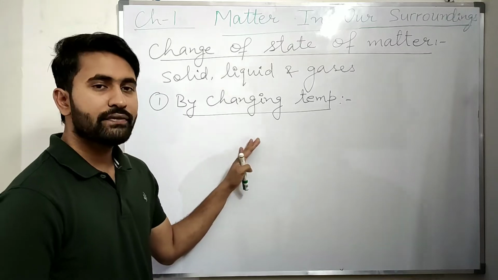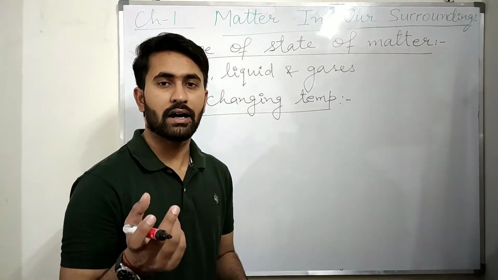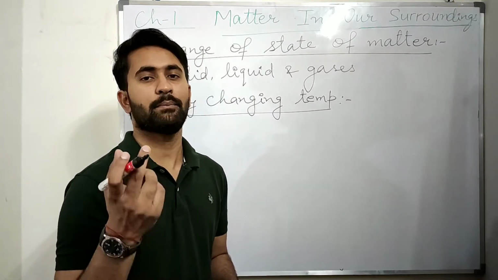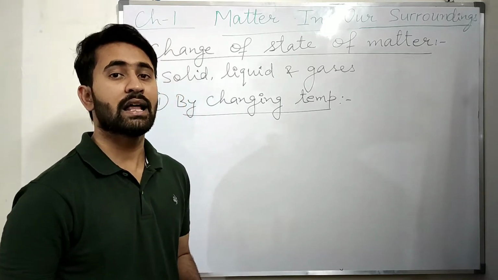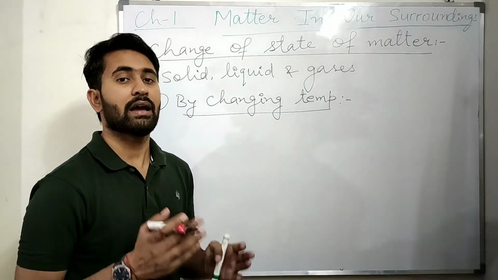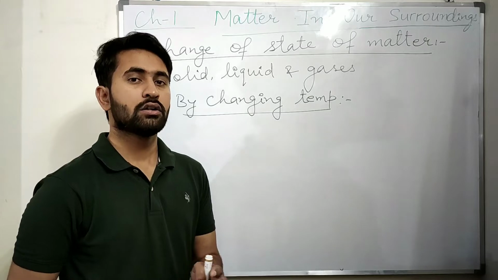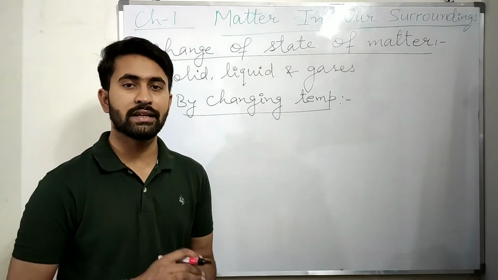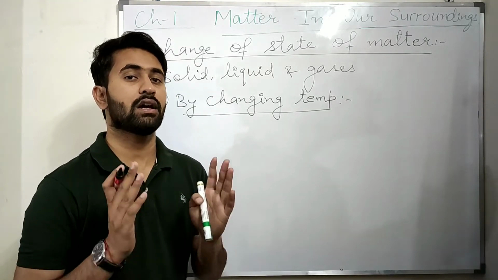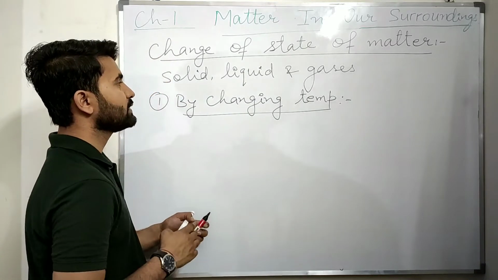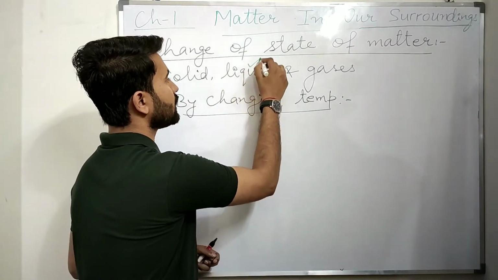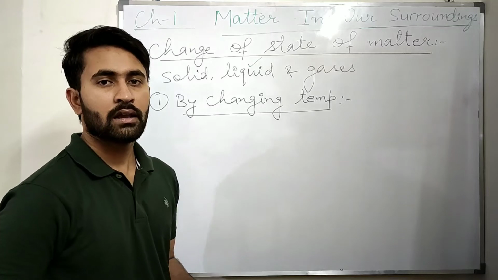Like if we will heat ice, or we will increase the temperature of ice, then it will melt, and ice is a solid. So when the temperature increases, it will melt and convert into liquid state.